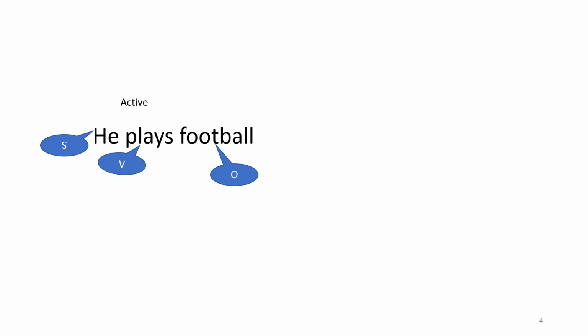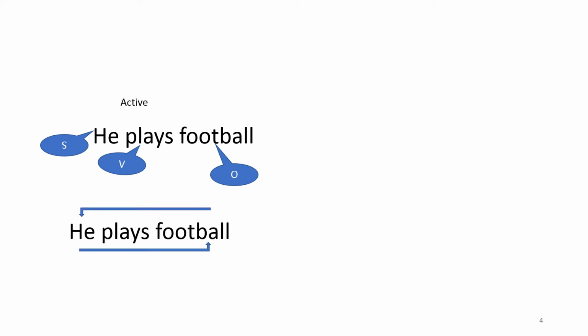To change it into passive voice, we'll have to follow some rules. In passive voice, the subject and object will replace each other. As you can see the arrow, football has come in place of the subject, and the subject he will go to the last in place of football.